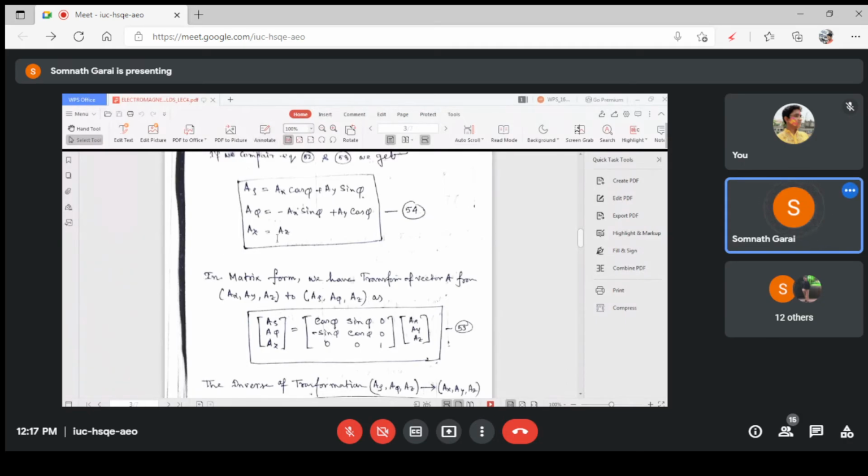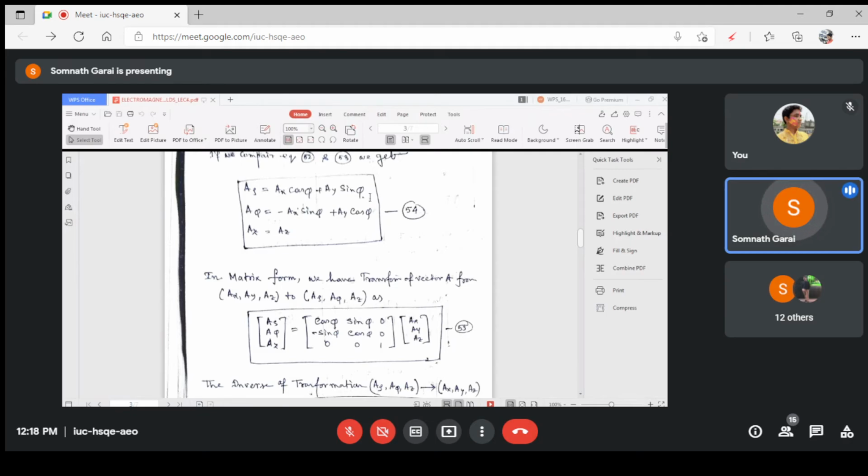If we look at equation number 54 and convert it into matrix form, how does it look? The matrix form of equation number 54 is given by the column vector A rho, A phi, AZ, equal to the matrix with first row cos phi, sin phi, 0.